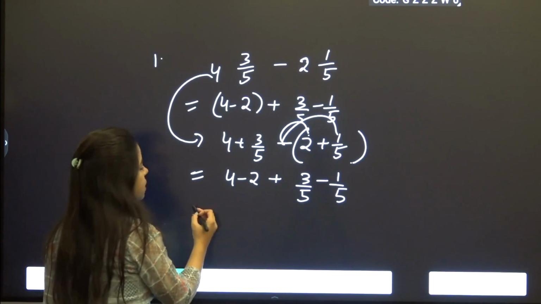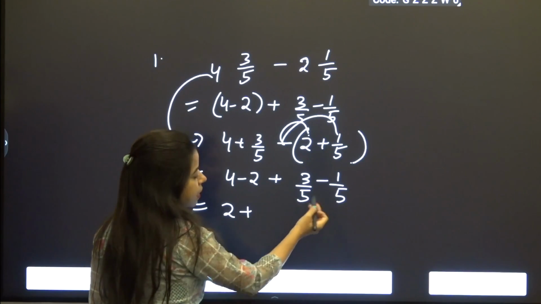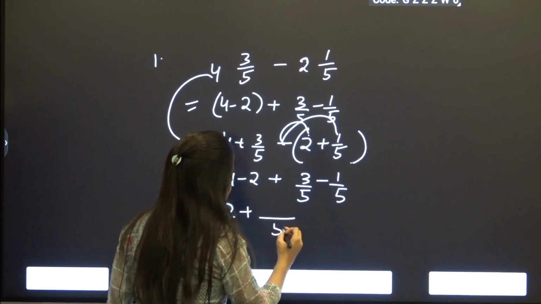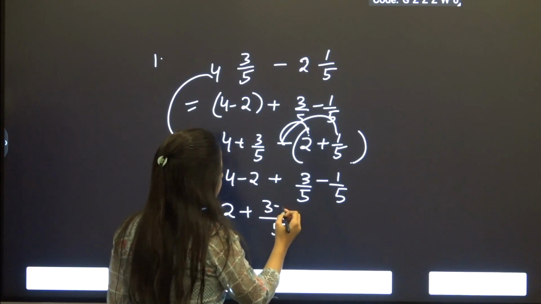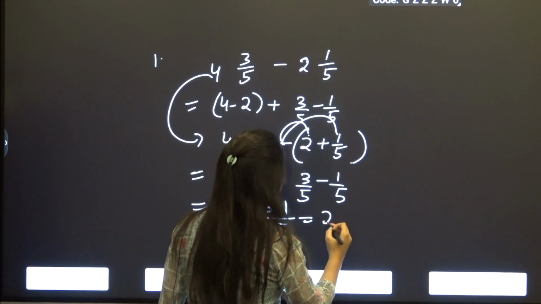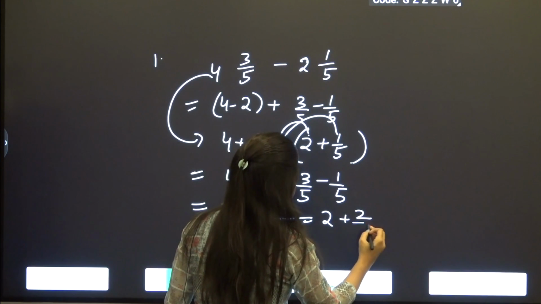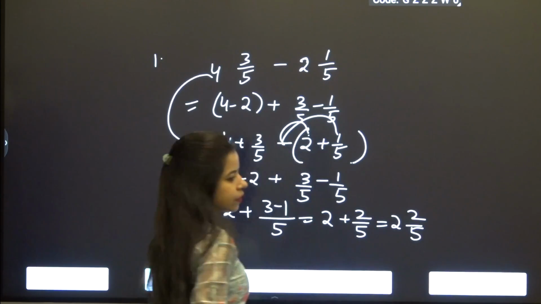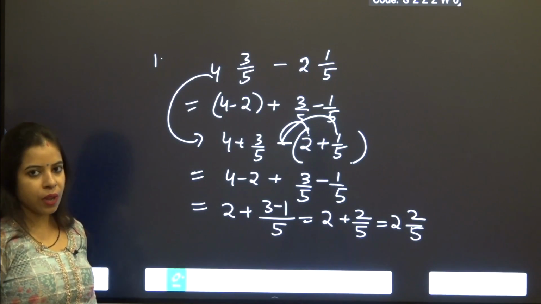So the answer is 2 plus, this is the case of like fractions. So 5 is the common denominator and in the numerator it is 3 minus 1. So this will become 2 plus 2 by 5, which is 2 2 by 5. This is the answer.